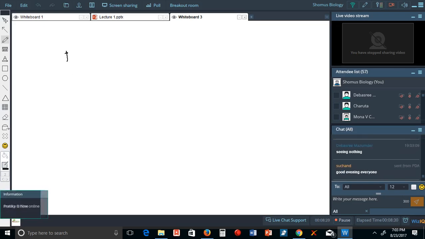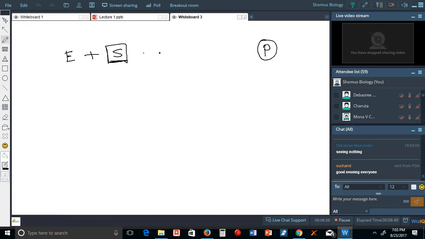So what we know about enzymes is, let's take this enzyme, and the enzyme always interacts with the substrate, and at the end what we need is the product. Our journey starts from substrate and ends in product, and at the end, along with the product, we also recycle the enzyme, and that enzyme remains as it was at the beginning of the reaction and at the end of the reaction.